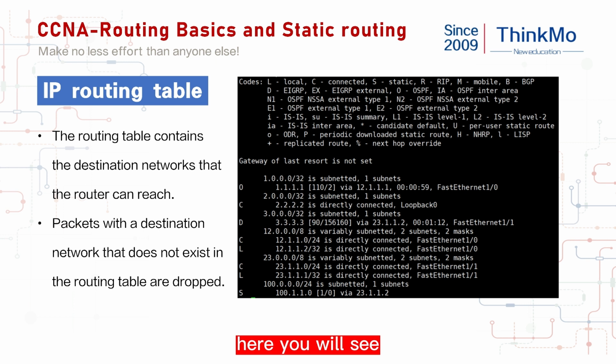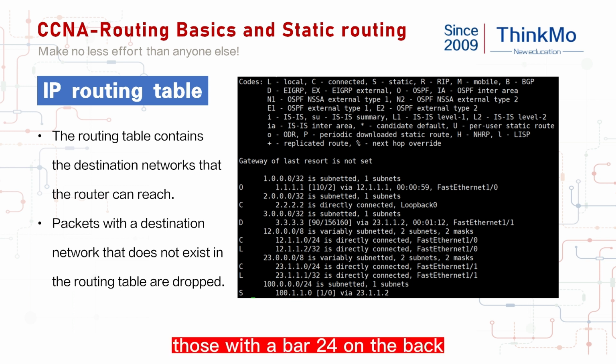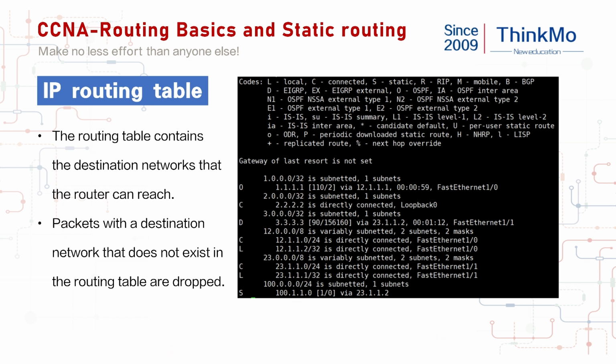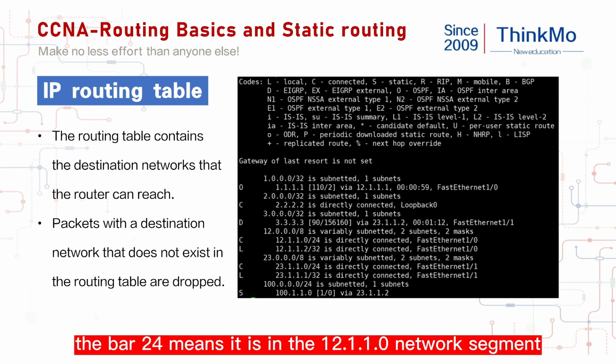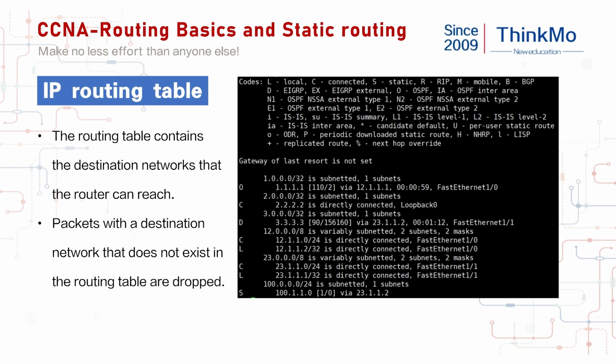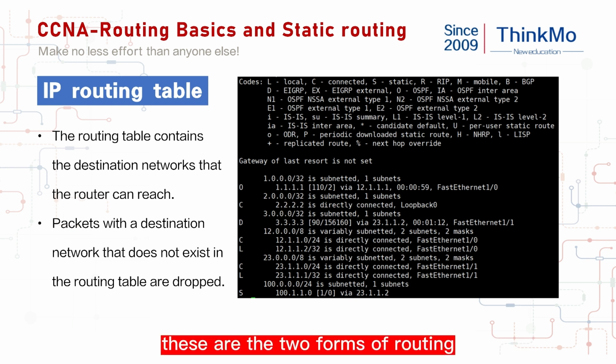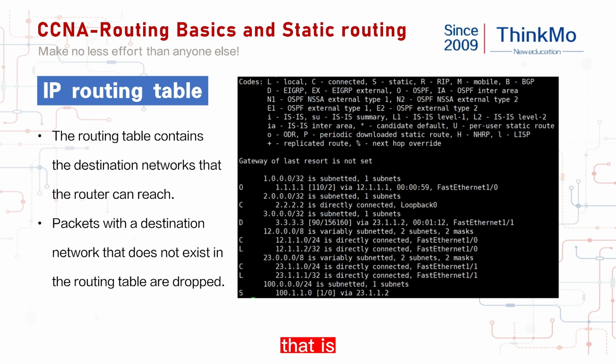Here you will see 12.1.1.0/24. Those with a /24 on the back represent a network segment. The /24 means it is in the 12.1.1.0 network segment. These are the 2 forms of routing, that is, classification of routes.